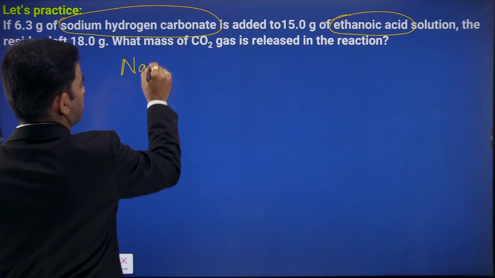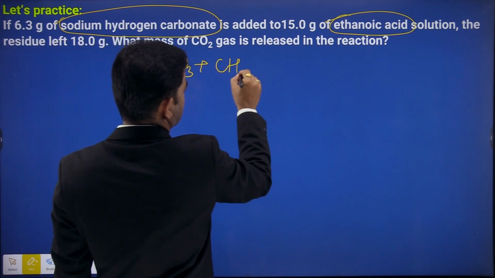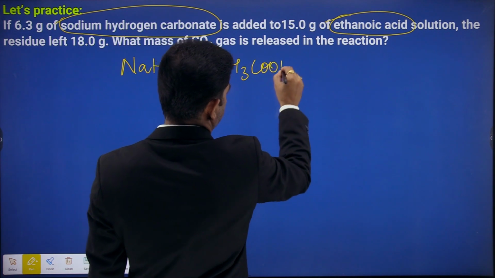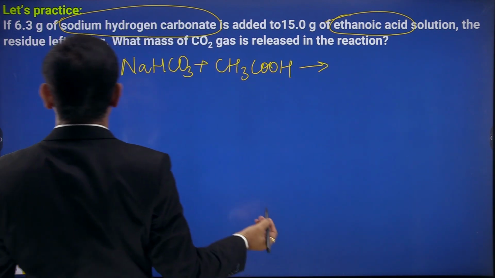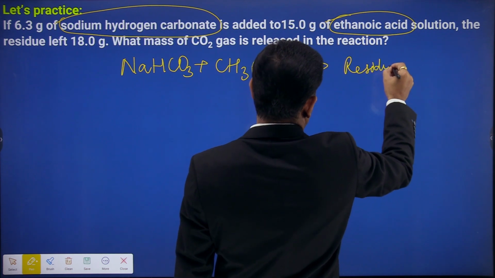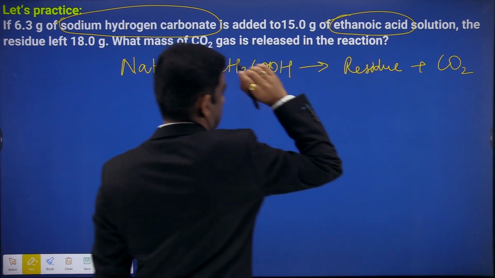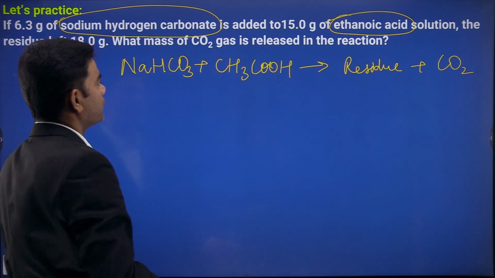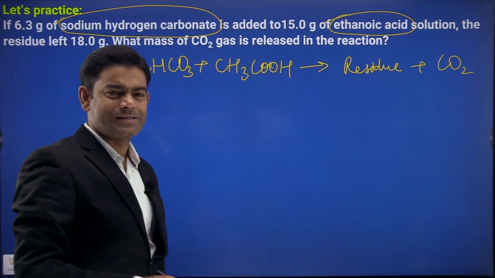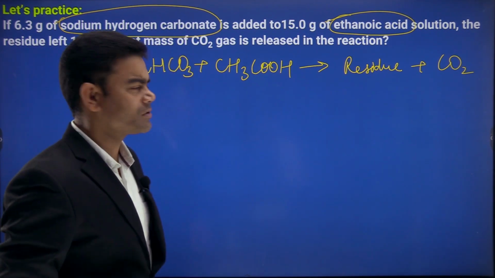It is NaHCO3 plus ethanoic acid is CH3COOH and that's going to give me a residue. जो भी रेसिड्यू हमारा यहाँ बन रहा है, कुछ कंपाउंड बन रहा है, यहाँ नाम दिया हुआ नहीं है, plus CO2. यहाँ पे एक्चुअली सोडियम एसीटेट करके कंपाउंड बनता है, नाम नहीं दिया इसलिए हम अभी बता भी नहीं रहे आपको. Sodium acetate is formed over here.